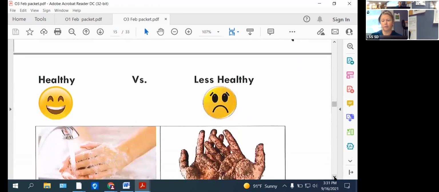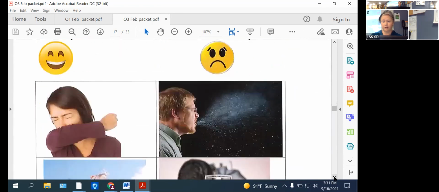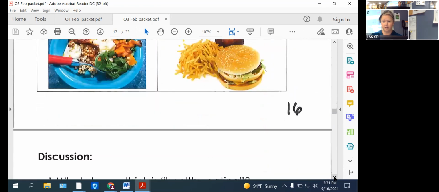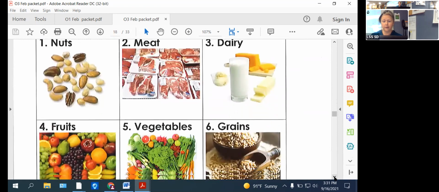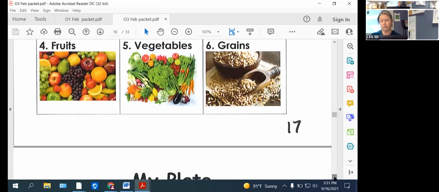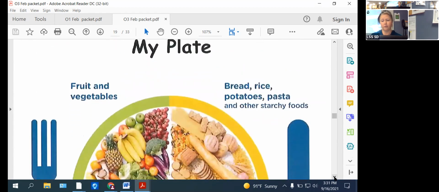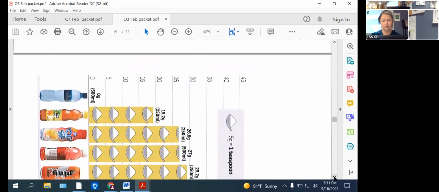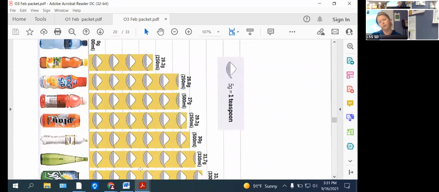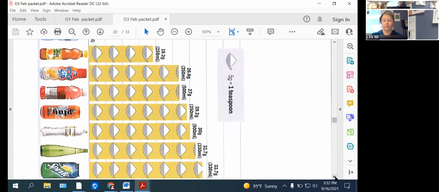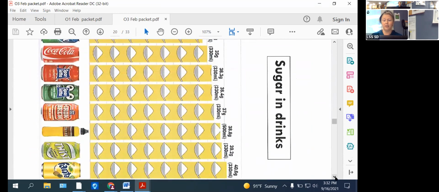Again, we did the healthy versus unhealthy. We also talked about the food pyramid or the plate here. But this one, they really liked this one. We talked about how much sugar is in different drinks. And they were really amazed.